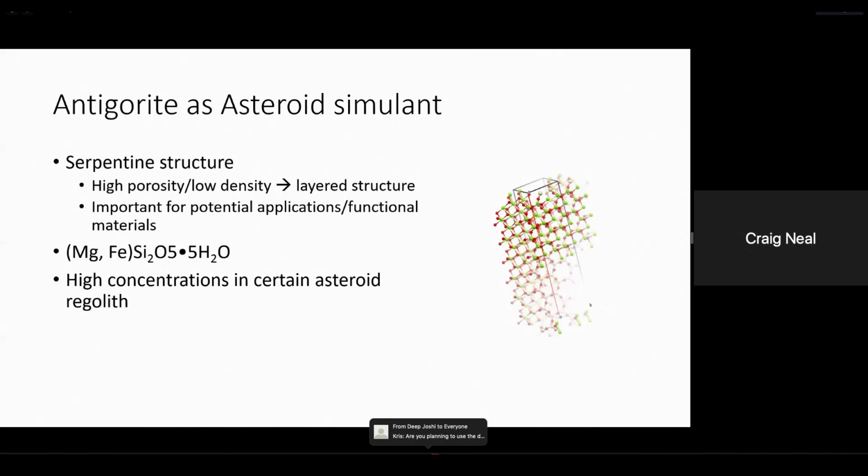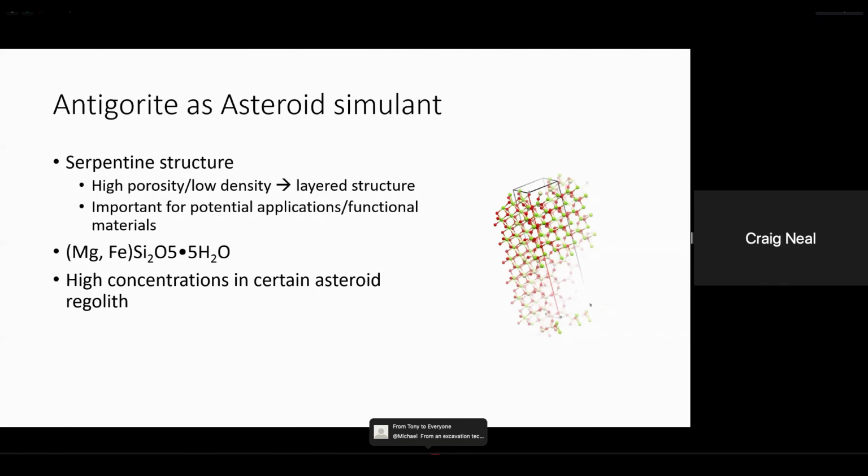So in this case, we'll be looking at Antigorite, which is a serpentine structured material that's highly porous and has a low density. So this readily lends itself as a functional material because it can allow for catalysis with its open structure. It has a lot of surface sites that can react with certain materials.